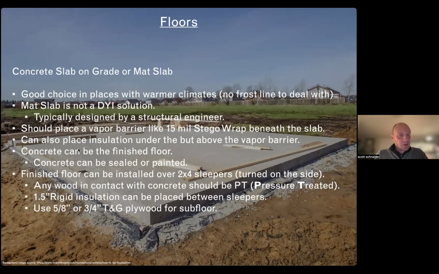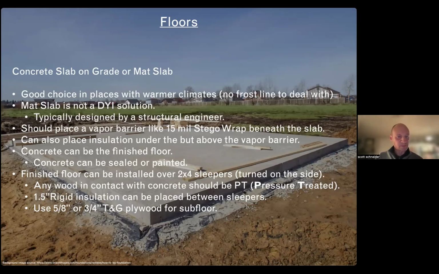The concrete can be the finished floor. You can seal it or paint it. Or you can install 2x4 sleepers turned on their side, and you can put insulation in between to keep any solar gain from the exposure of the concrete from radiating through at night.